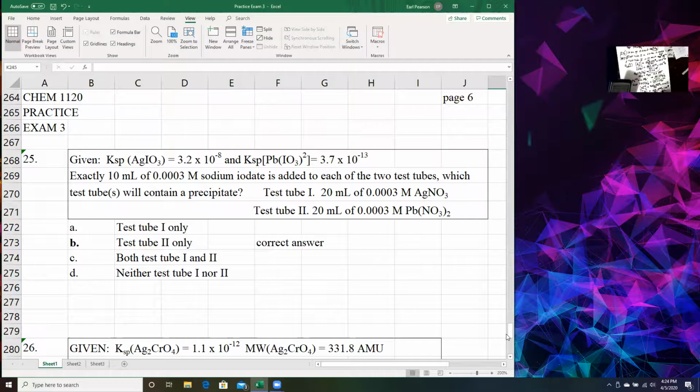Let me try that again. 10 times 0.0003. Oh, no, I had it right the first time. I look on my screen, 10 times 0.0003 divided by 30. I just divided by 3. No, I was right. That is the correct value here.